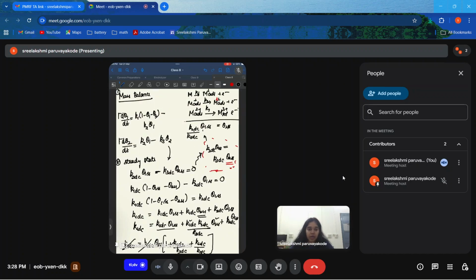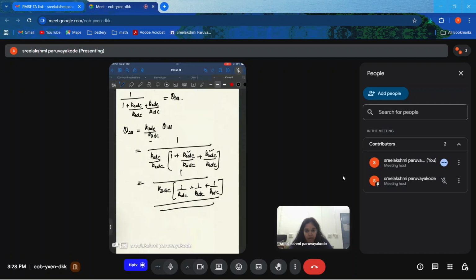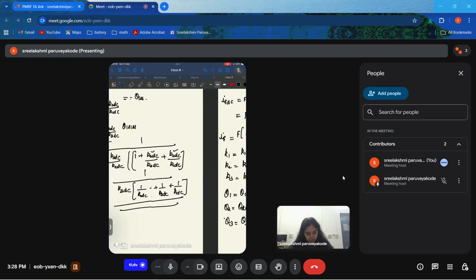So the first step is to write the mass balance, find out the steady state mass balance, find out the steady state surface occupancy of the intermediate species.